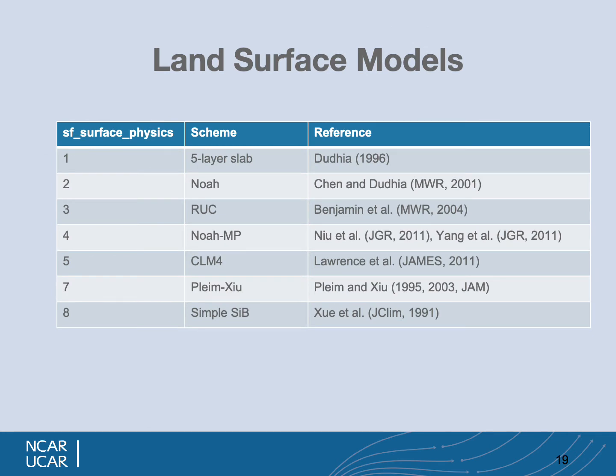So these are the land surface options in WRF. There's the 5-layer slab, which doesn't deal with soil moisture at all, just temperature. Then there's the more sophisticated land models, with NOAA MP being the currently developed version at NCAR.